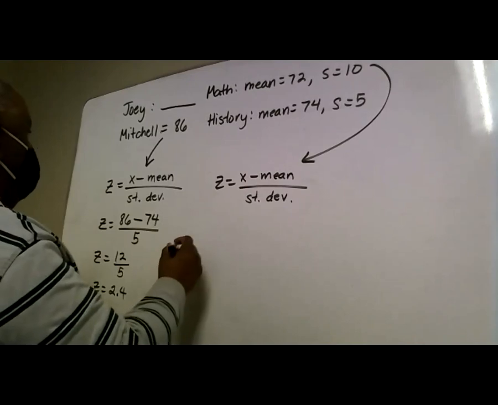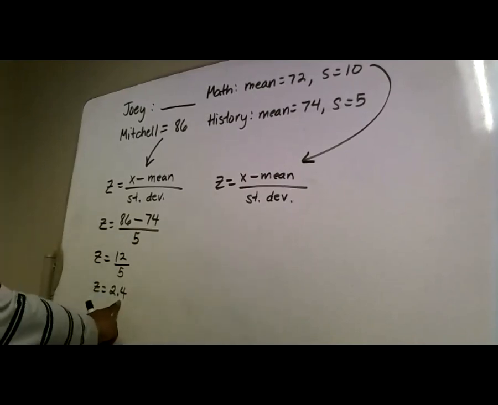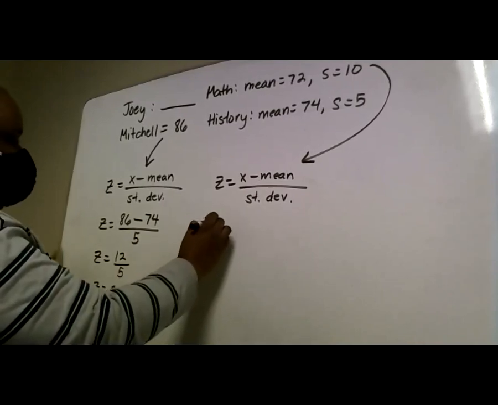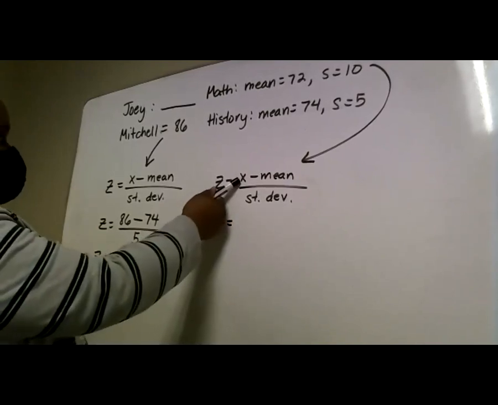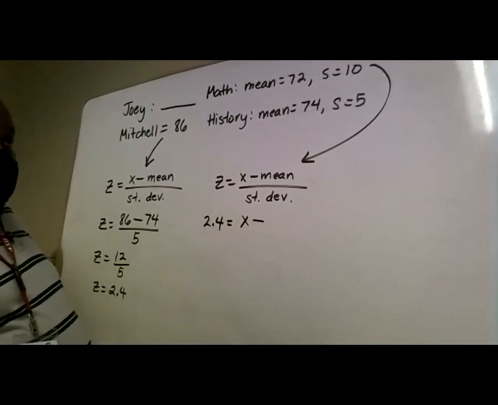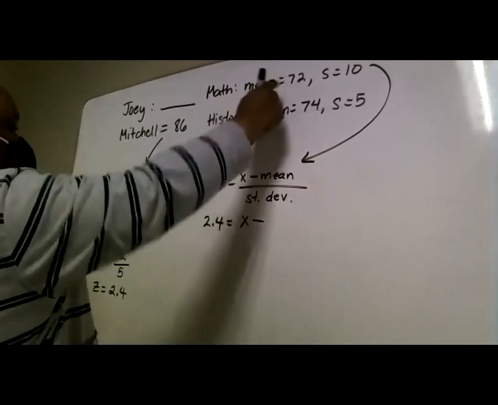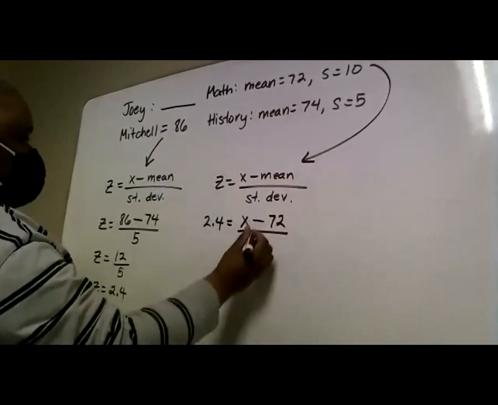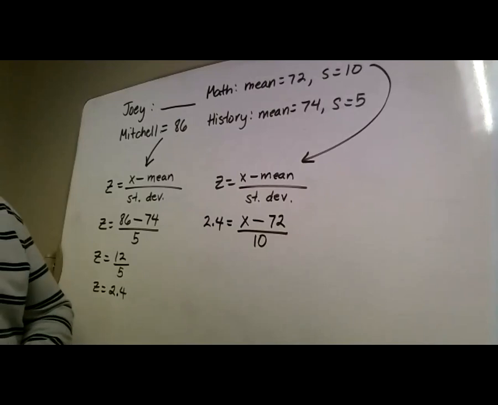So here your z is 2.4, because that's the z value on Mitchell's history quiz. And that's going to be equal to the x value, which is what we're looking for, that's Joey's quiz score on that math quiz, minus the mean on the math quiz, which was 72, divided by the standard deviation on that math quiz, which was 10.